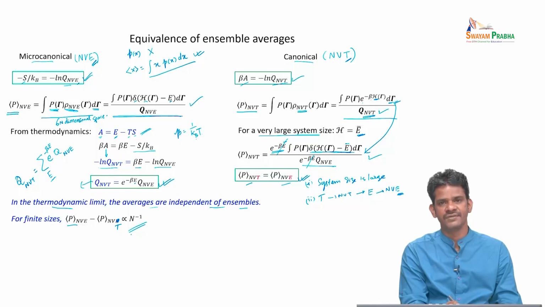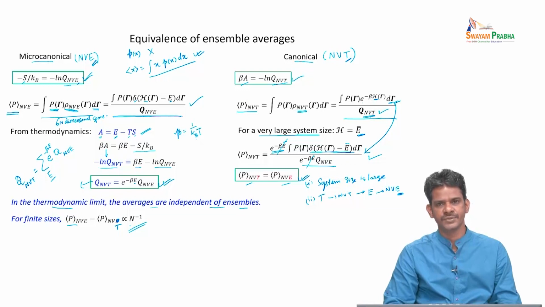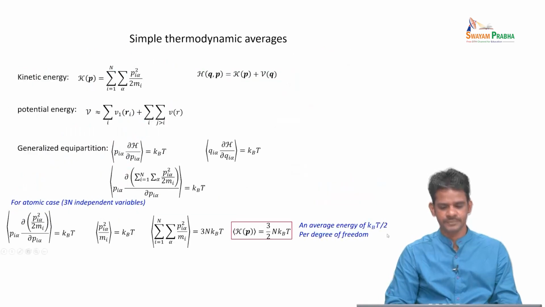As n goes to a very large value, you see the difference goes to 0, whereas for finite n values, there will be a significant difference between these two measurements. Now, we will talk about some other simple thermodynamic averages such as temperature, pressure, etc.